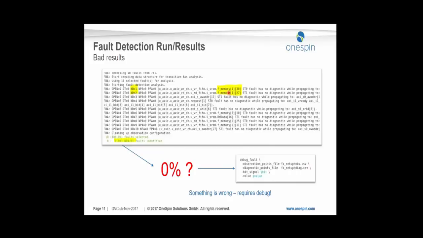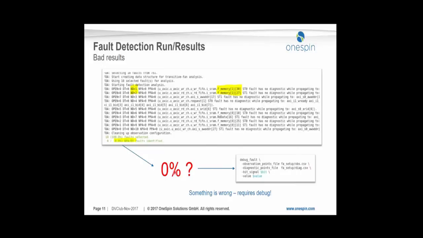So in order to help us to understand what's wrong, we can debug single faults in the tool. And if I call this command, I'm getting a trace. And what we can see here is that as soon as the fault is active, we color the line in red, which means in the original design, this value would have gotten to 1, but the fault caused it to stay at 0.